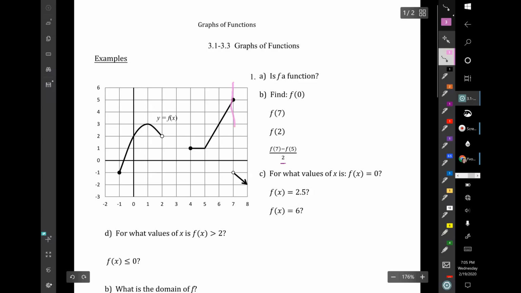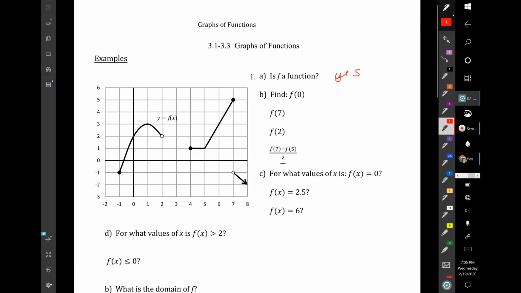This is an f of x function, so we can say when x is 7, the line goes through kind of 2 spots. However, the spot where y is -1 is an open circle. So it still is a function. It passes that vertical line test. So we're okay there. So yes, it's a function.